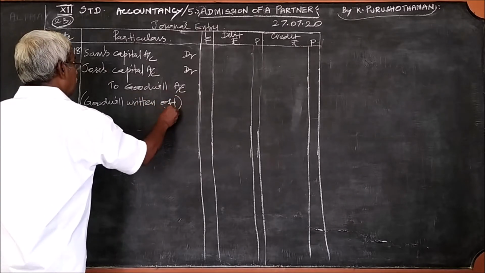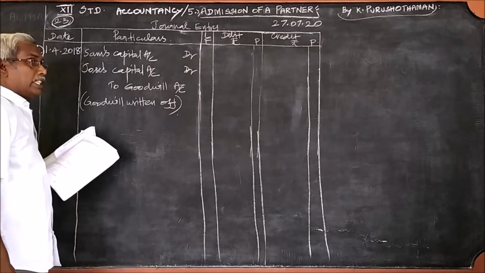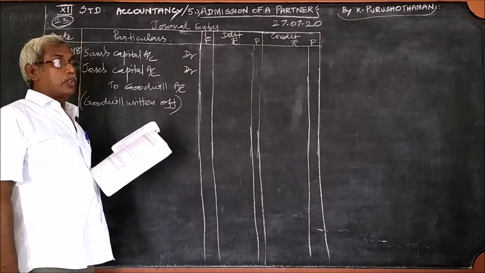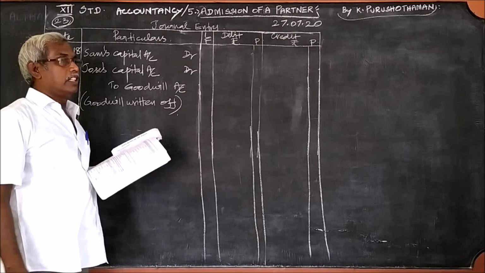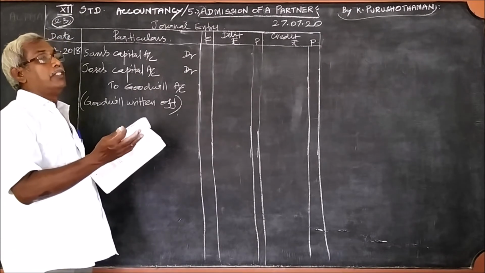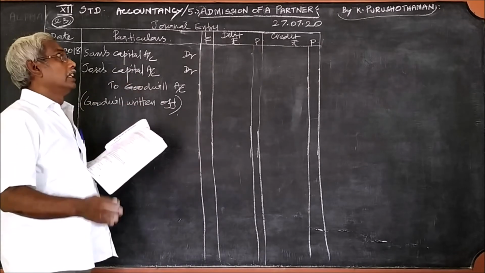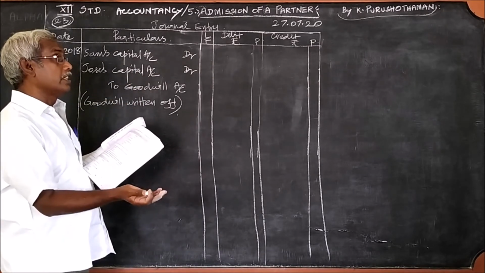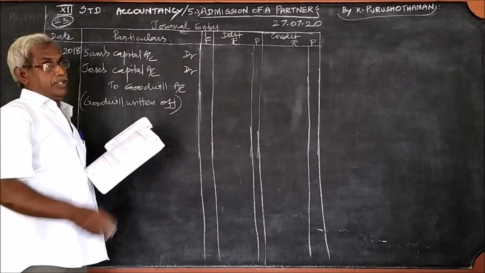In the other problems, the goodwill was shared by the old partners. Remember it. In this problem, goodwill is written off. Written off means they have left it. In the earlier sums, the goodwill was divided among them. Here they write it off. In that case, the capital account credited earlier now goes to the debit.